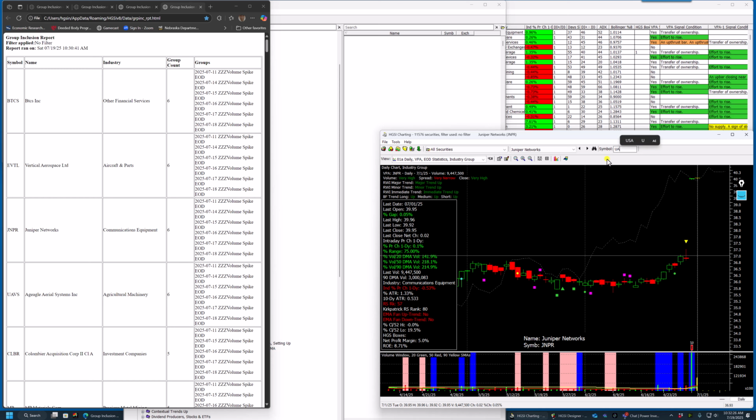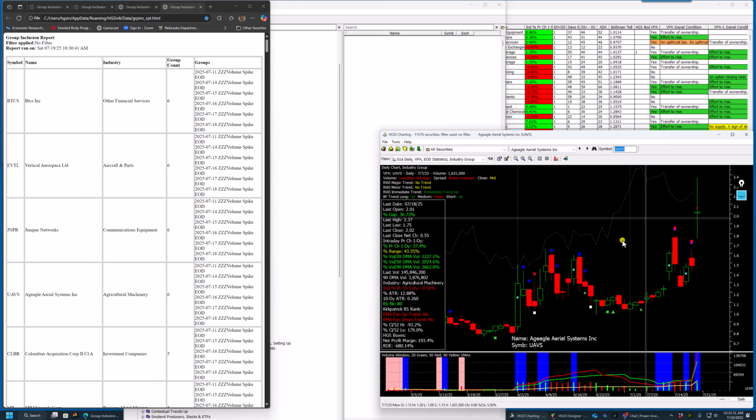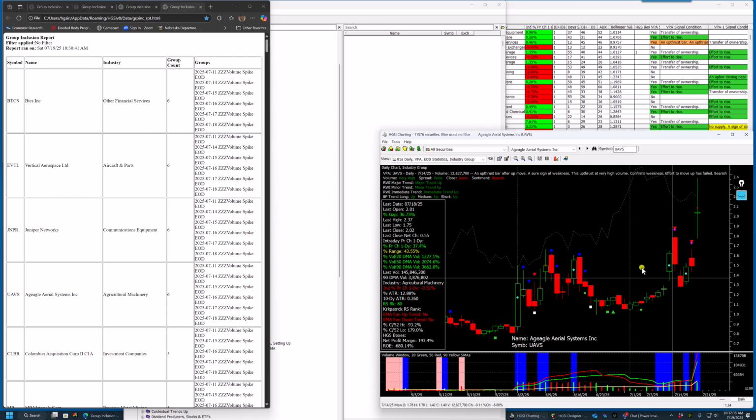UAVS. This too, there were 3 down days out of this, but volume was heavy. I don't know. I'll have to think about that, or maybe I'll put both of them in with scans with both a positive close only or positive or negative.